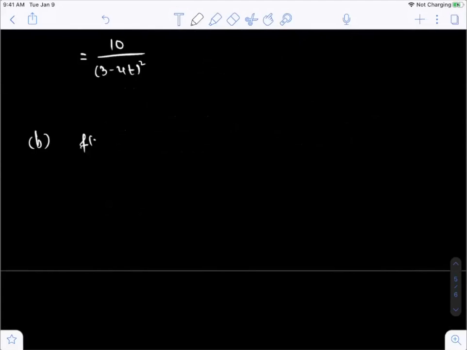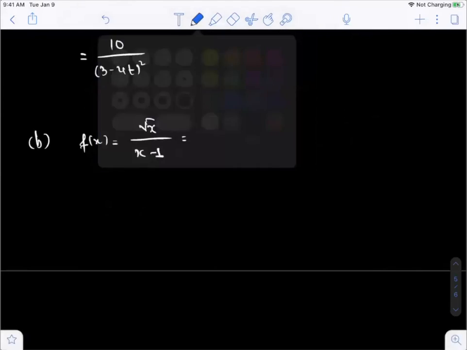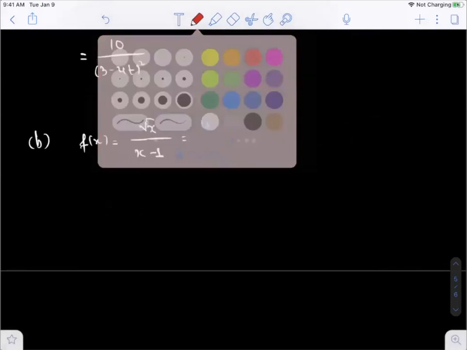Next problem. f of x is equal to square root of x divided by x minus 1. This is also a quotient, so you can apply the quotient rule. You identify the two functions u and v: u is the numerator and v is the denominator.